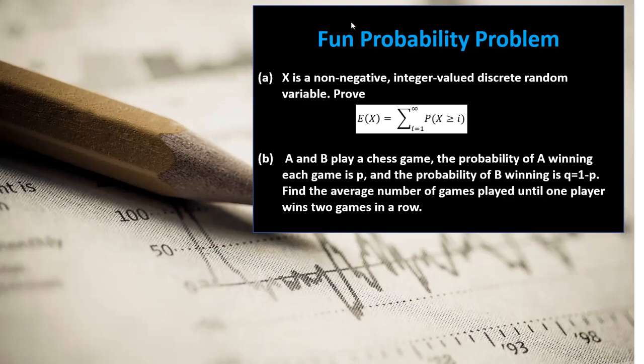Okay, let's go to our whiteboard and try to solve the first part here. The first part of our question is that we want to prove the expected value is equal to the summation from i equals 1 to infinity of the probability x greater than or equal to i.